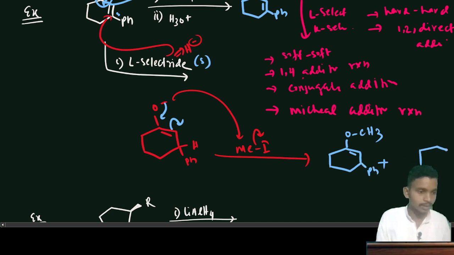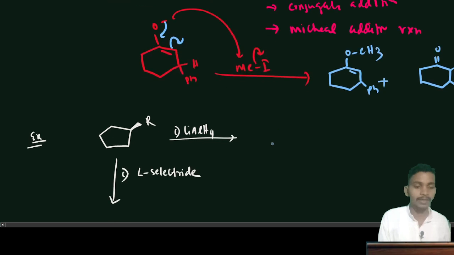This, or another chance is that this will come and this will attack, it means the double bond O, and here we will have CH3, and here we have Ph. So which is the expected product if the methyl halide is given?